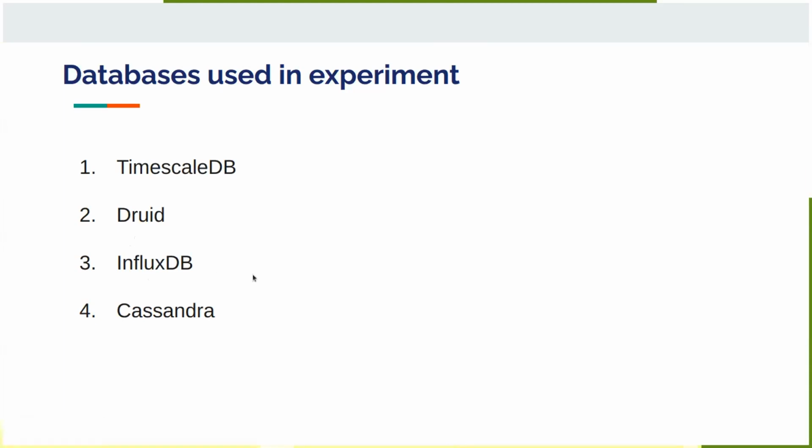The third one is InfluxDB. It is the most used time series database in the industry. And the fourth database I took is Cassandra. Cassandra is not a time series database; it is a NoSQL database. But I picked it to see how this database performs on time series data.